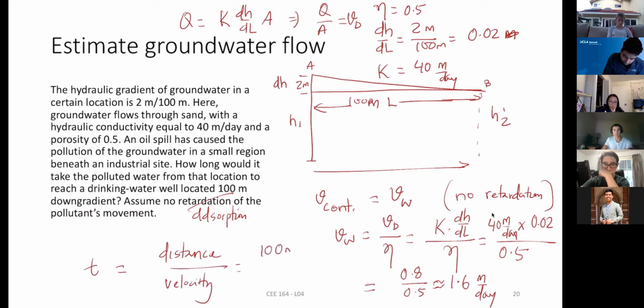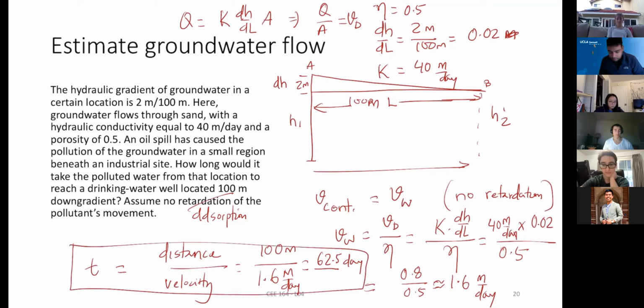Distance is 100 meters and velocity is 1.6 meters per day. 100 divided by 1.6 is 62.5 days. Okay, so that should be the answer.